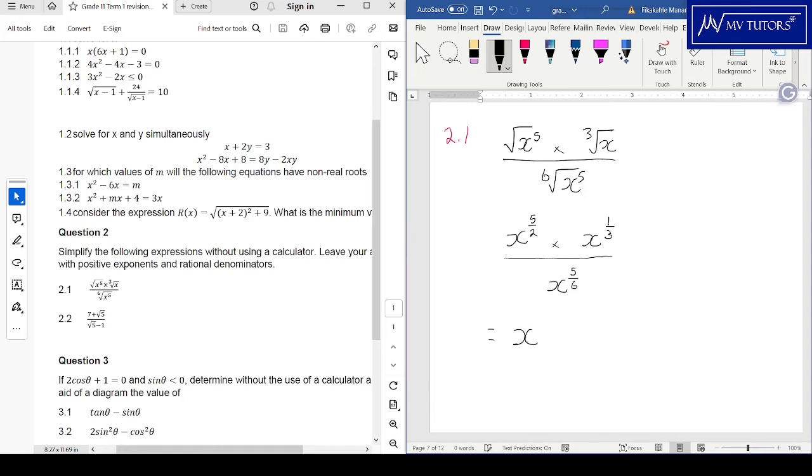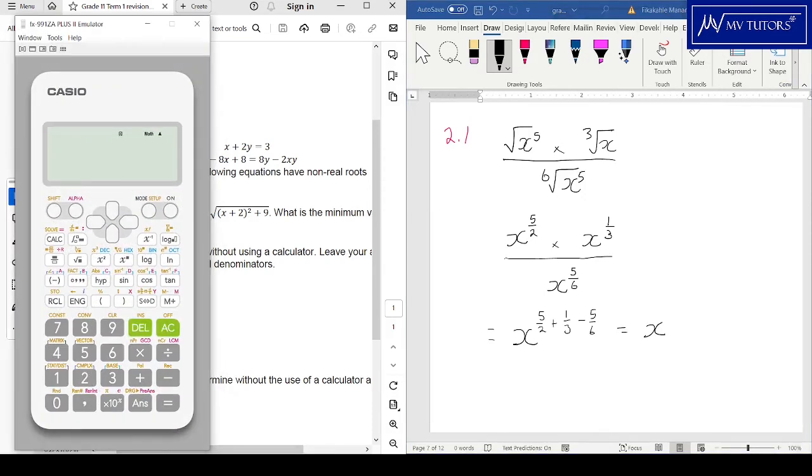If you remember the rules of exponents, if you are multiplying the same base, you add the exponents. So I have 5 over 2 plus 1 over 3. And then remember, when you are dividing the bases, you subtract the exponents. Minus 5 over 6. Now, let's just put this in a calculator and see what it gives us.